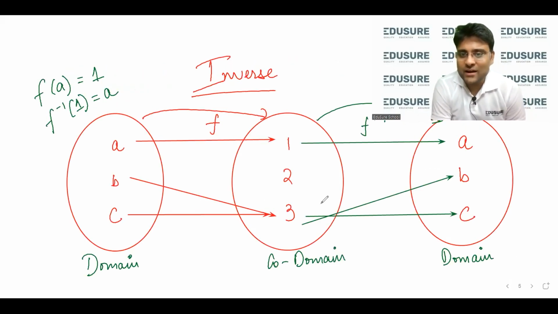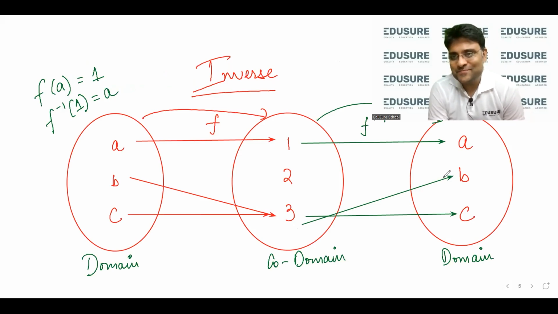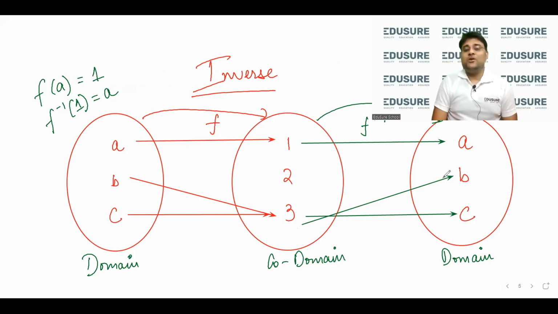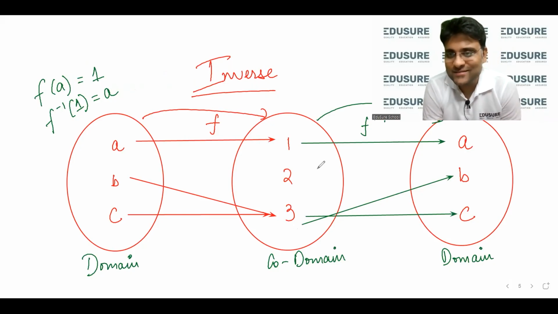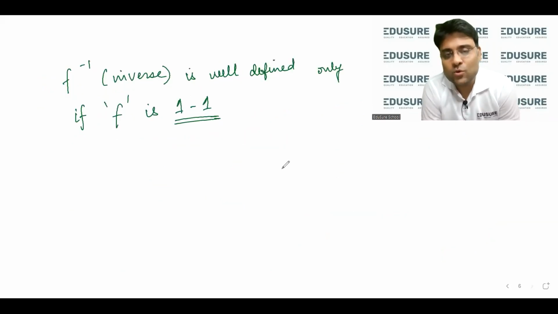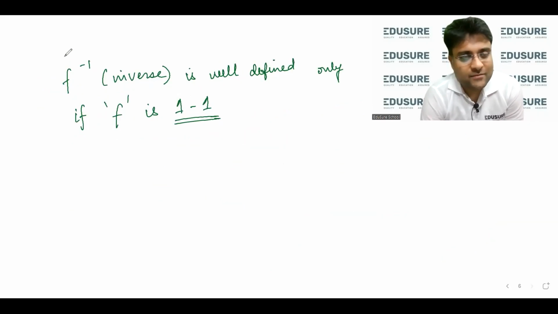It's becoming a one-to-many. If it becomes a one-to-many, obviously that fails to be a function. Got it? It is only a relation, right? So f inverse will only be well defined if f is one-to-one, right?